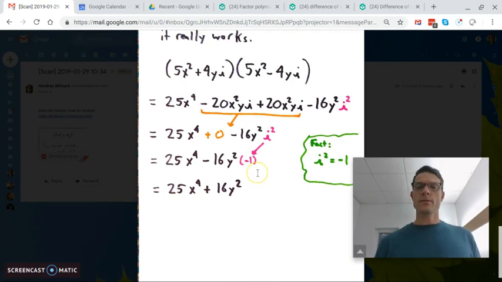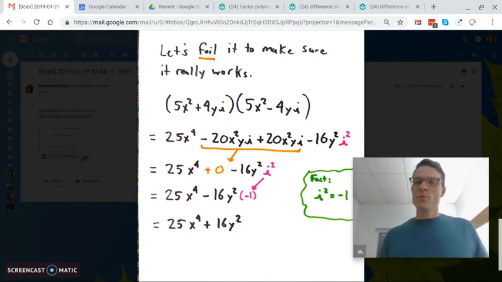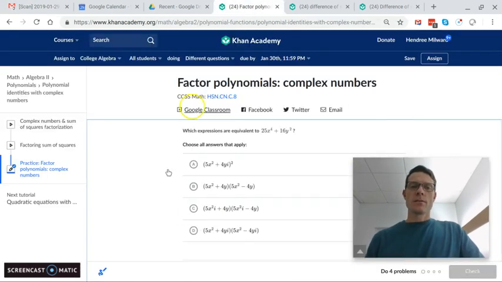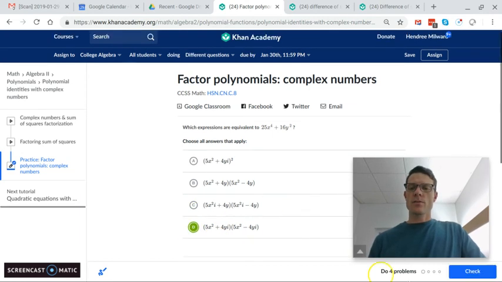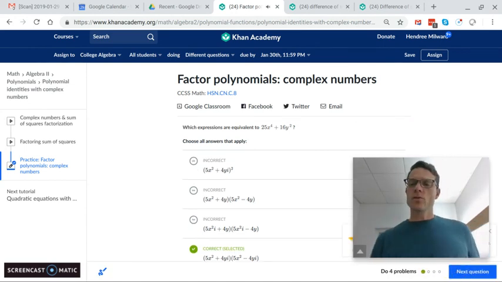So I hope that helps a little bit. It's almost like a difference of perfect squares, except you have to adjust with the i. Okay, so let's go back to our original problem and make sure Khan counts us right. Yep. So I hope that helps a little bit on a tricky skill.